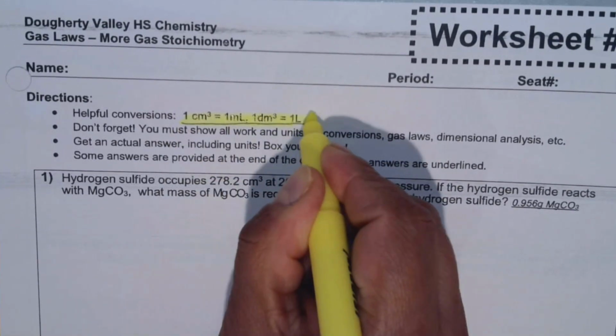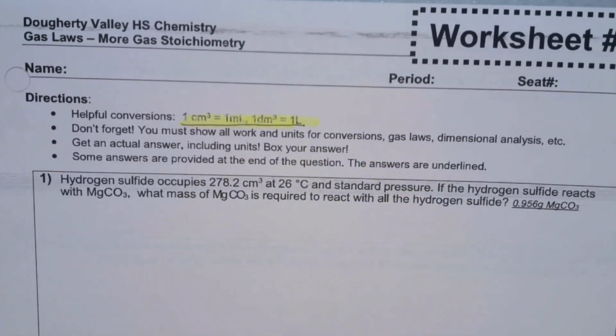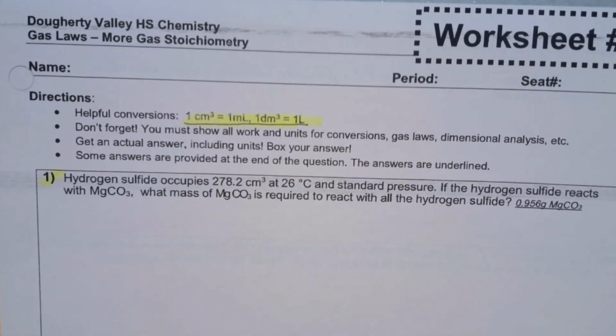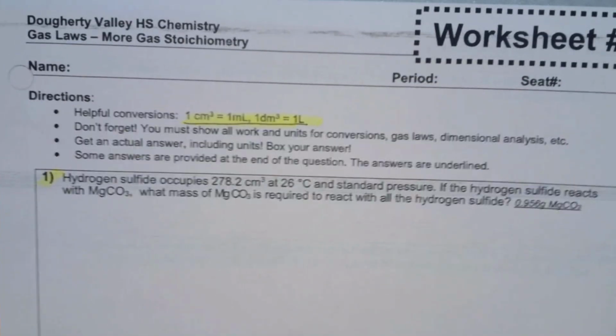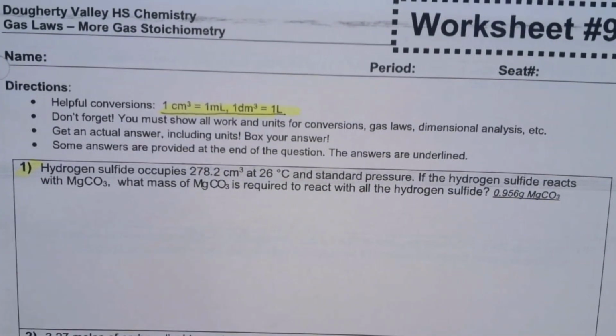You should know that 1 centimeter cube is equal to 1 mL and 1 decimeter cube is equal to 1 liter. Right, so let's start. I'm going to do problem number 1. In this problem you are asked to calculate the mass of MgCO3.